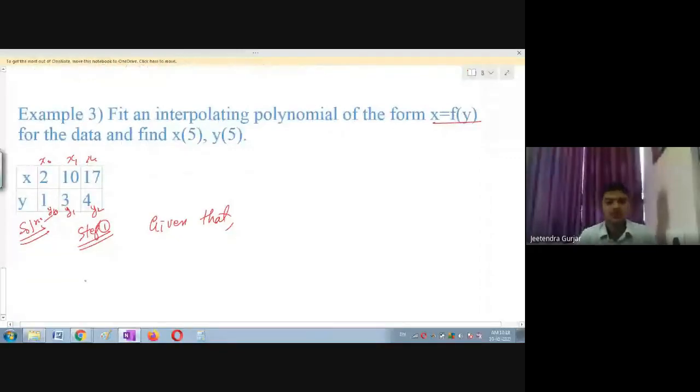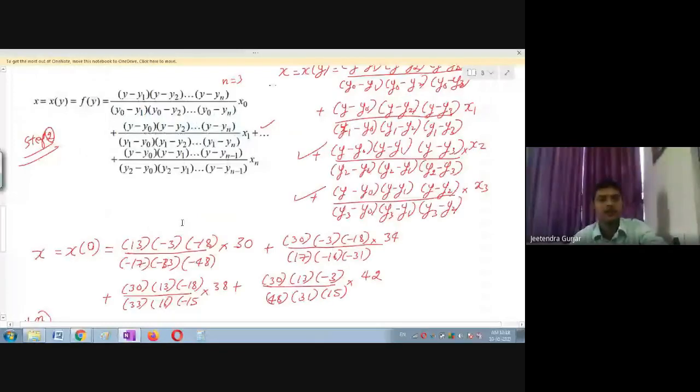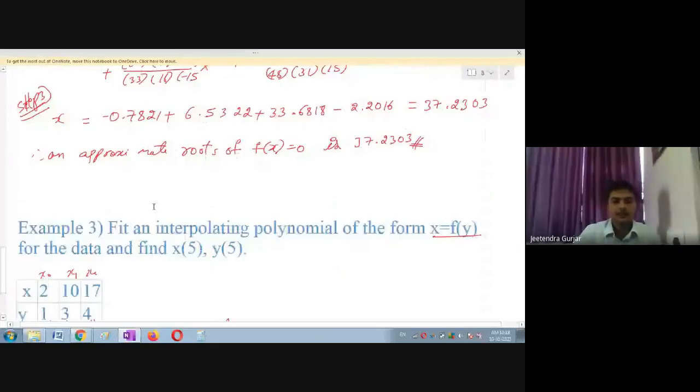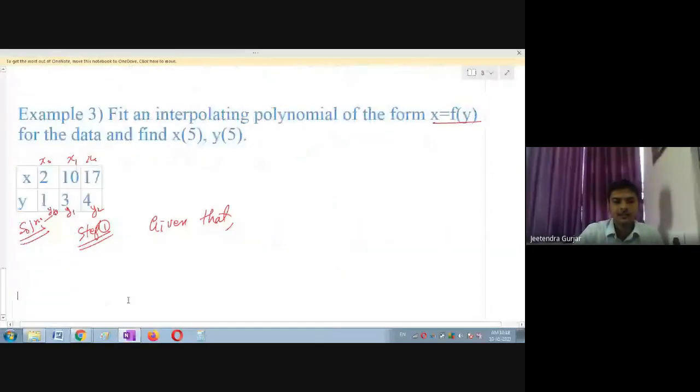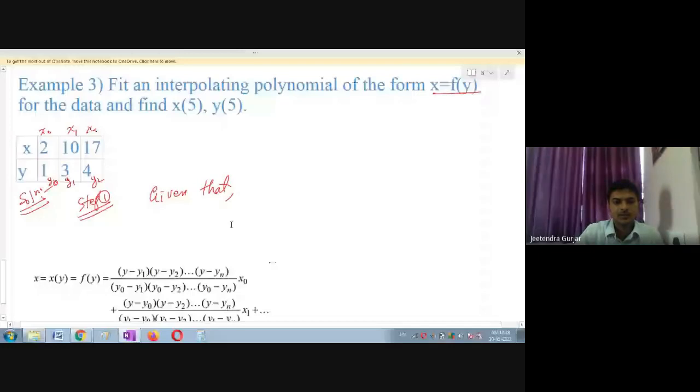So I will take this formula, that is Lagrange's inverse interpolation formula, and simplify. The data is already ready, so I'll rewrite it once again. x0 is 2, x1 is 10, and x2 is 17. Easily you can make out, dear student, this is an unequal interval, so you cannot use Newton forward and backward.